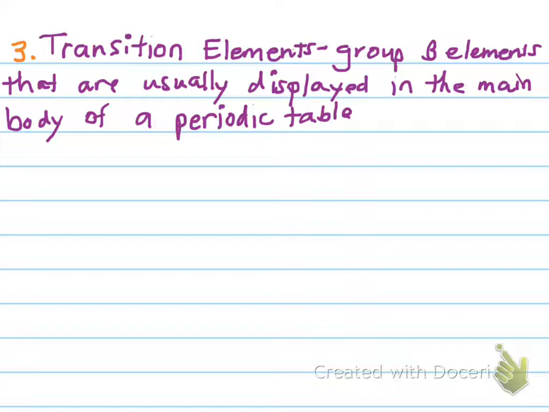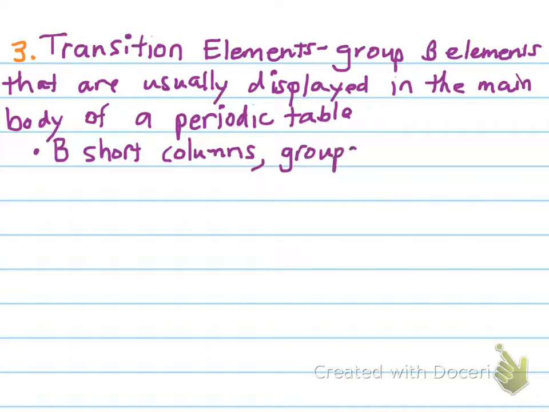So again, what we're talking about here are those short columns. So we're kind of talking about the B short columns. They're also kind of sometimes labeled groups 3 through 12.